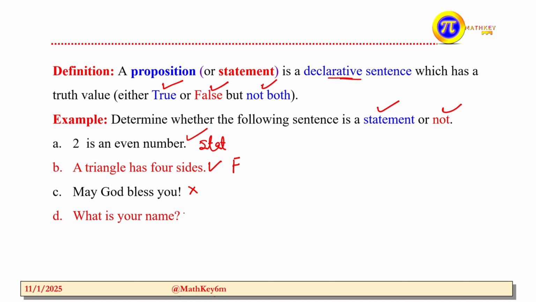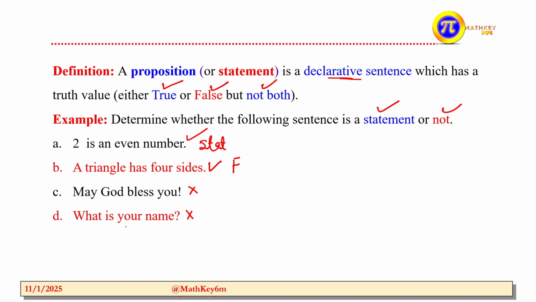What is your name? When someone asks your name, the answer may be Tamasken or Brahanu or Alamu or Muhammad and so on. In that case, you are not saying that it is true or false. Instead, you tell your name; we cannot say it is true or false. So it is not a statement. The exclamation shows that it exclaims.